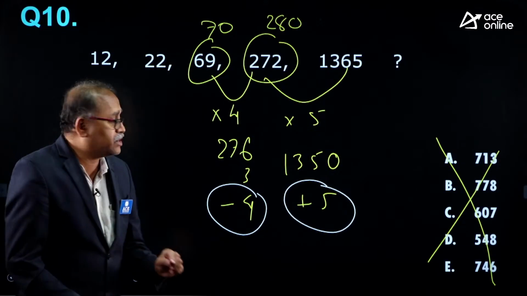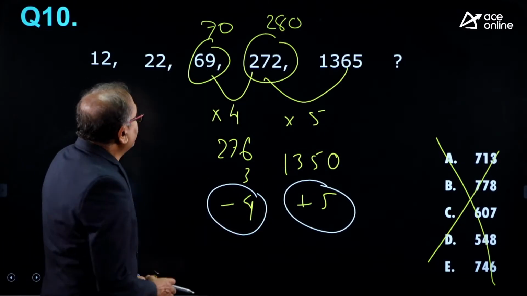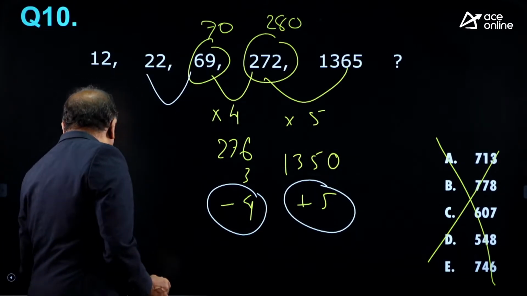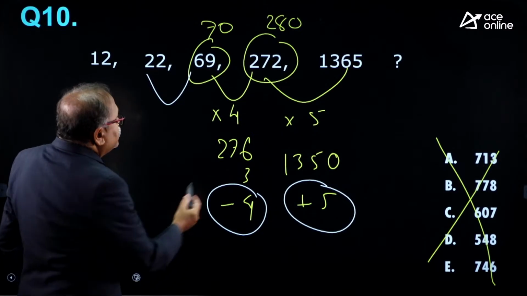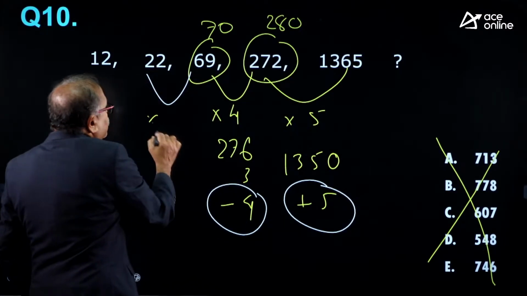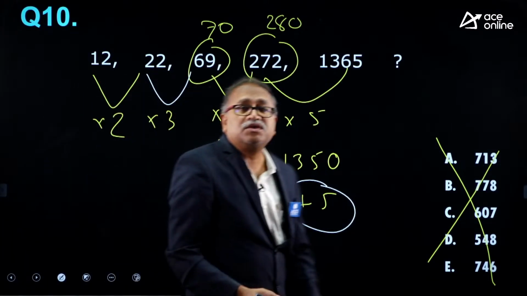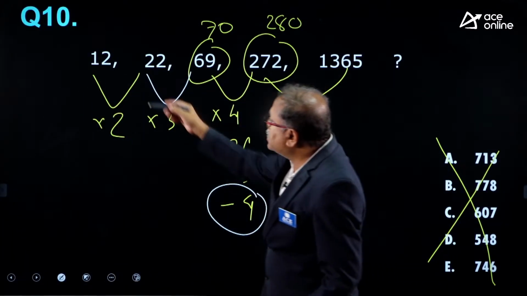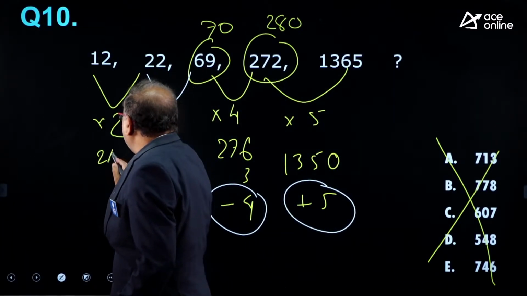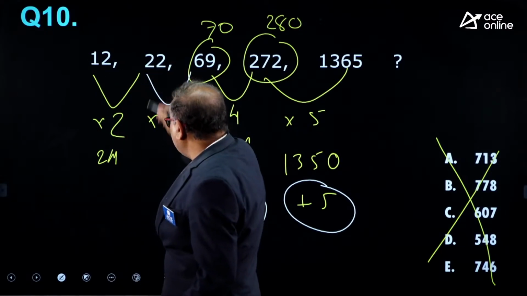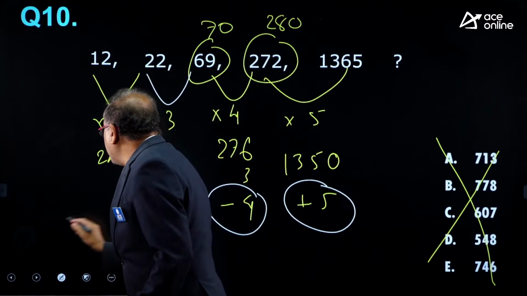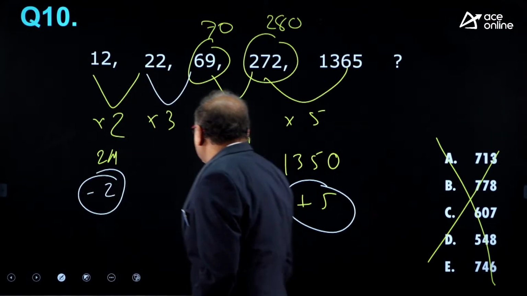You answered a beautiful question here, minus 4 plus 5. So what is the relation over here to here? Then I notice that into 5, into 4, then it could be into 3 and it could be into 2 in this format. So then into 2 that comes 24 over here, and then minus 2. Correctly answered the question, madam.